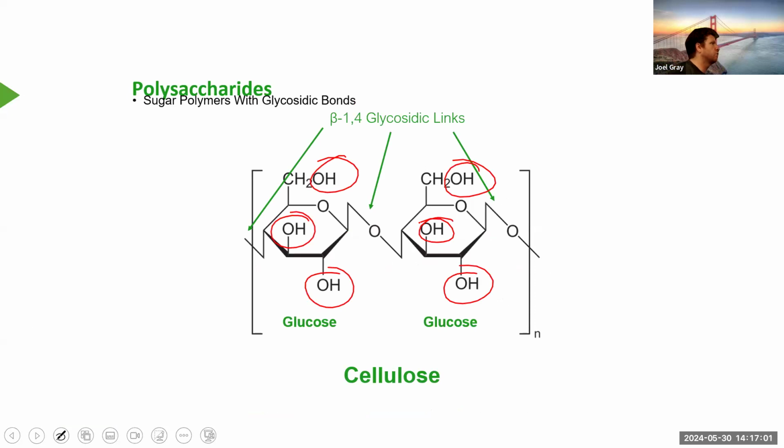They like to do hydrogen bonding. Now, in an aqueous environment, they can form hydrogen bonds. They can form a network of hydrogen bonds. But also, if you've got one strand of cellulose and another strand of cellulose, can those two strands hydrogen bond with one another? Yes, they absolutely can.